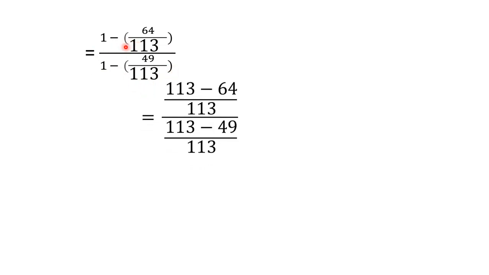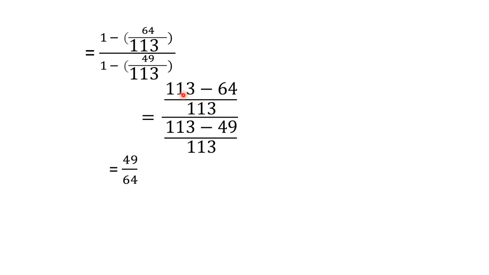Taking the LCM in the numerator and denominator, we get (113 minus 64) upon 113, and in the denominator (113 minus 49) upon 113. When we divide these, we multiply (113 minus 64) upon 113 by the reciprocal of the denominator, so 113 and 113 will cancel out.